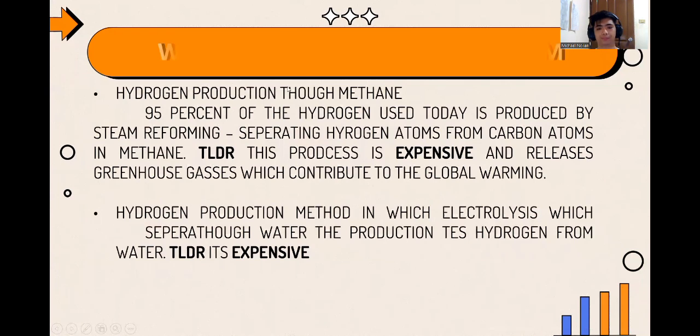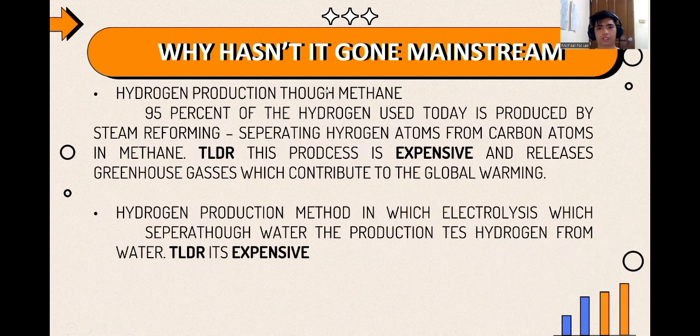So bakit daw yung this thing earlier ay hindi pa na-mainstream, like overused na ngayon? Hydrogen production through methane: 90% of the hydrogen used today is produced by steam reforming, separating hydrogen atoms from carbon atoms in methane. This process is expensive. TLDR or summary, this process is expensive and it emits greenhouse gas which contributes to global warming.